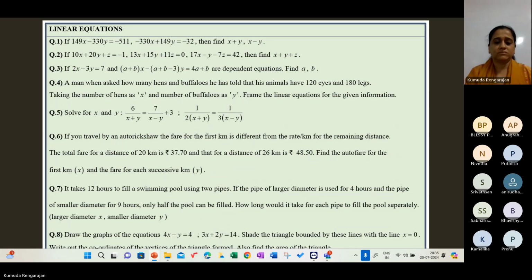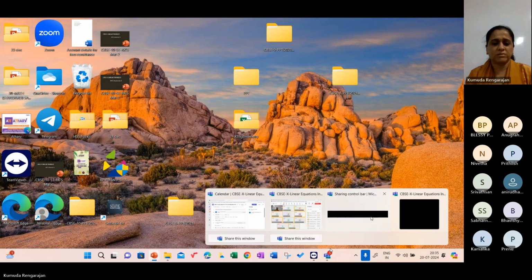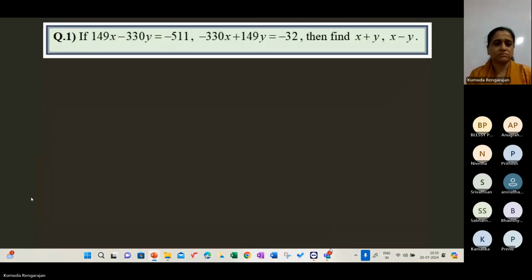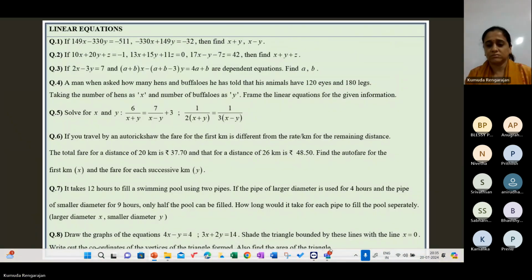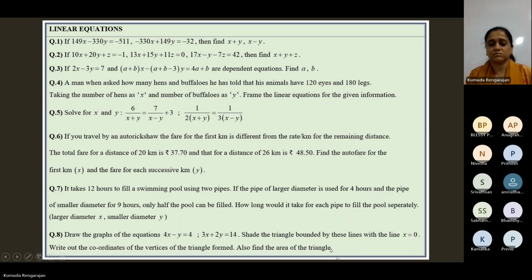So this is a practice test. Don't take all the questions. Take the first question, answer it, then move on to the second one, answer it. Start working. Answer the questions one by one.